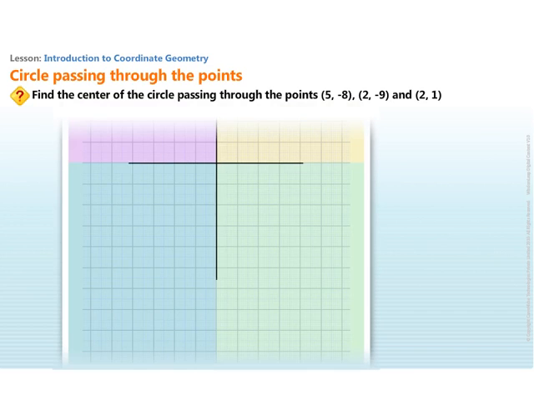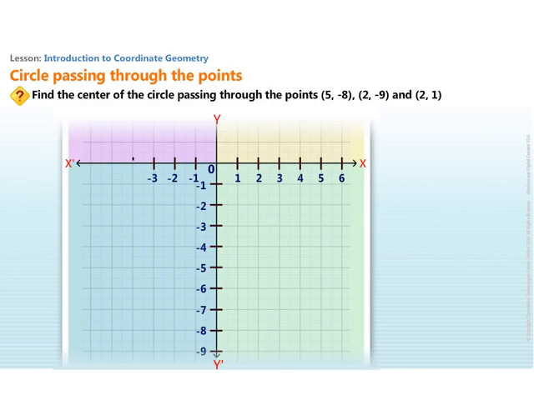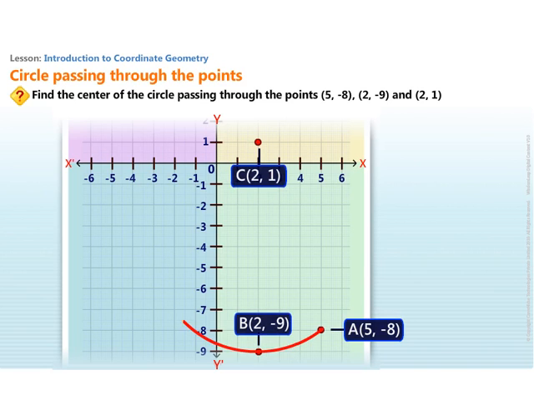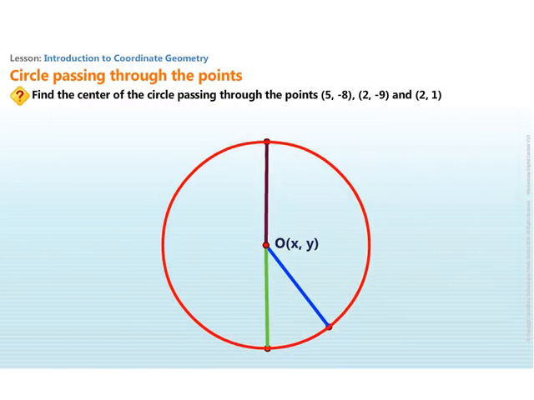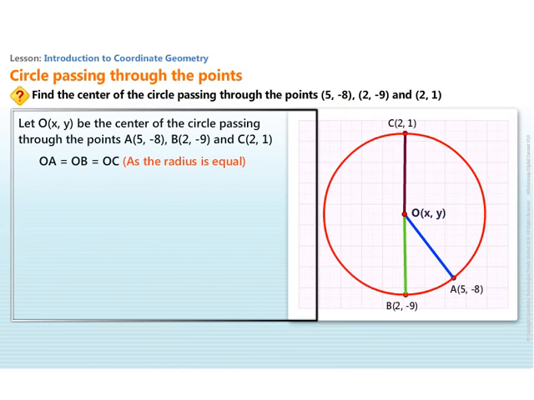Find the center of the circle passing through the points (5, -8), (2, -9) and (2, 1). Let O (x, y) be the center of the circle passing through the points A (5, -8), B (2, -9) and C (2, 1). Then OA is equal to OB, which is equal to OC, as the radius is equal.